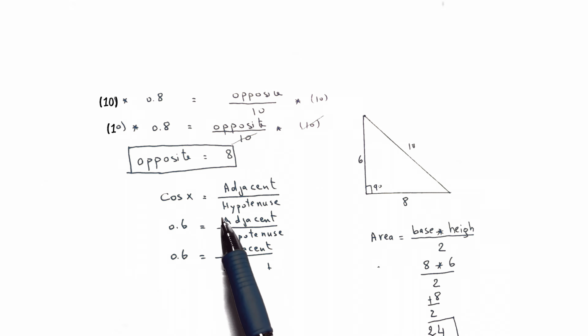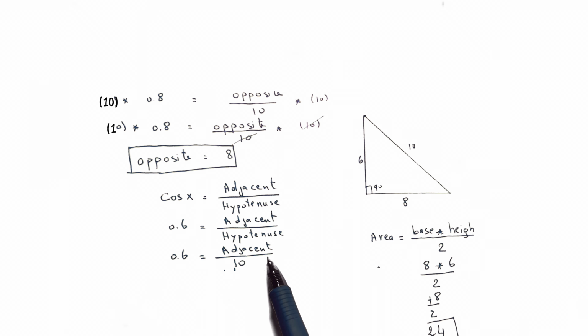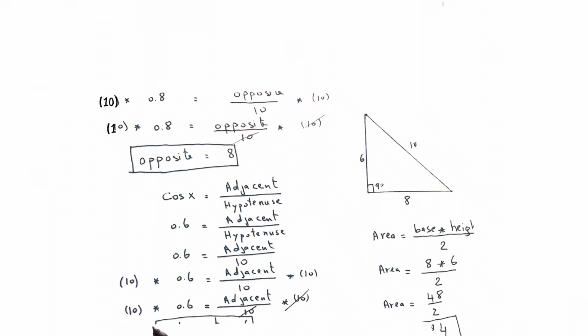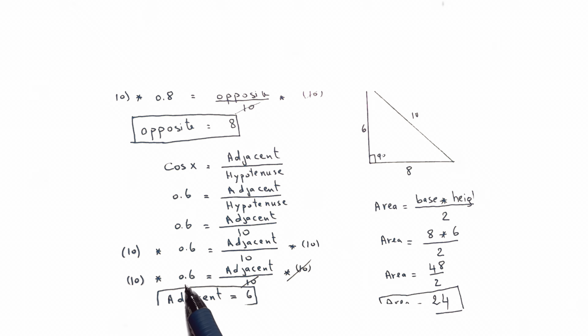And again, similar to what we did with sine, to get rid of the 10, we multiply both sides by 10, as shown here. You can see 10 on the top and 10 on the bottom, so they cross each other. And we end up with 10 times 0.6 equals the adjacent, which means that the adjacent is equal to 6.